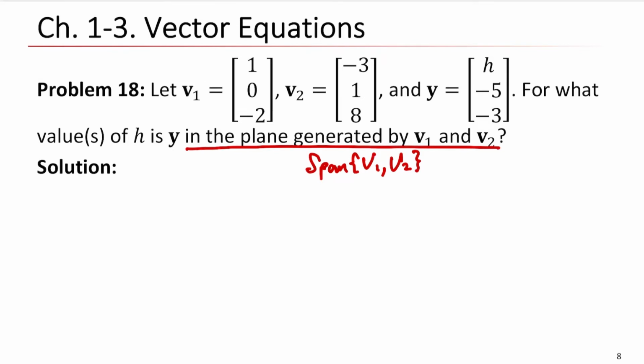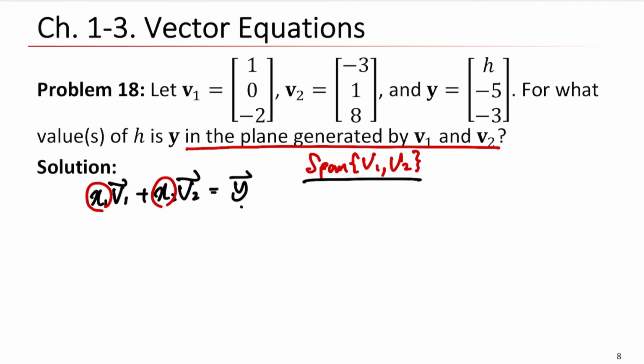The system x1 times vector v1 plus x2 times v2 equals the vector y, and this vector y is in the plane generated by v1 and v2 when there is a solution x1 and x2, right?